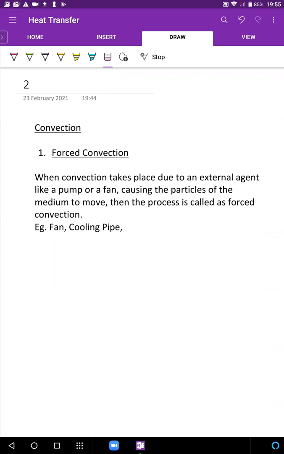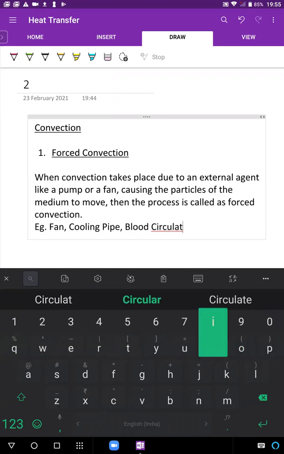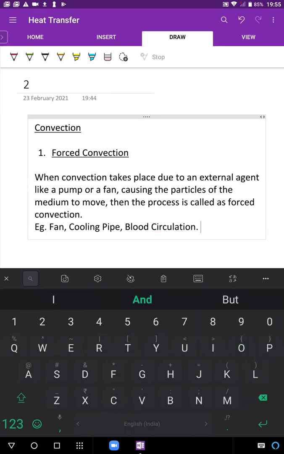With that, I can even say blood circulation also is an example of forced convection. Our human body temperature is maintained at a particular value because you have one fluid running throughout the body, and in that sense it maintains the temperature.